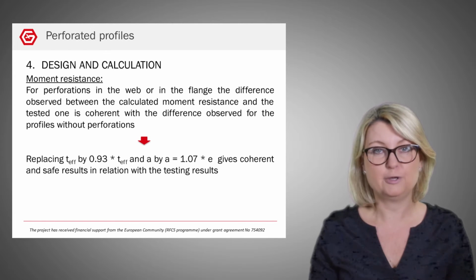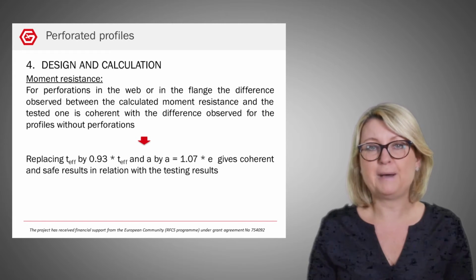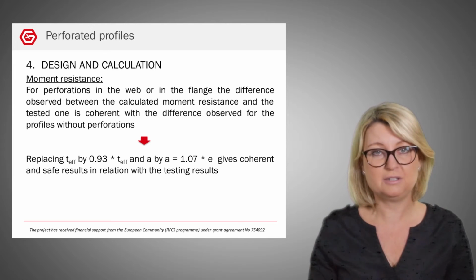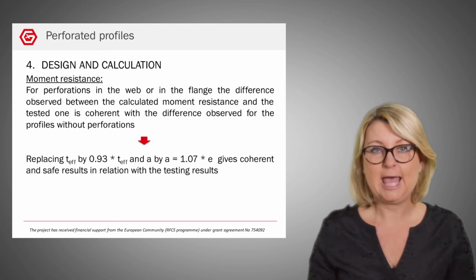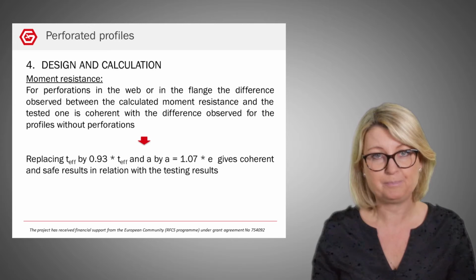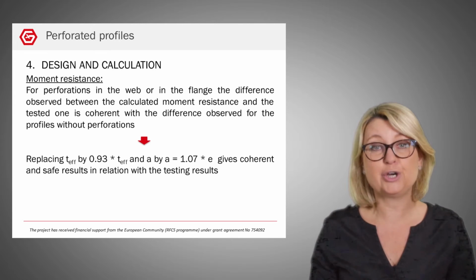This comparison confirmed that replacing TF by 0.93 multiplied by TF and A by 1.07 multiplied by E gives safe and consistent results with the testing results.